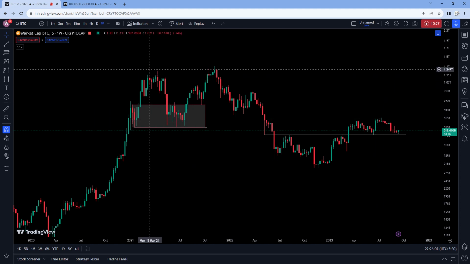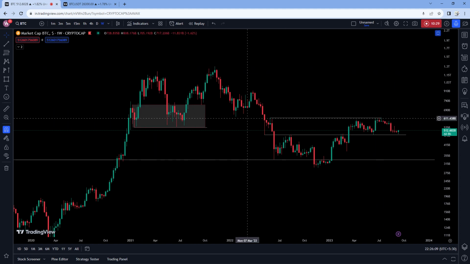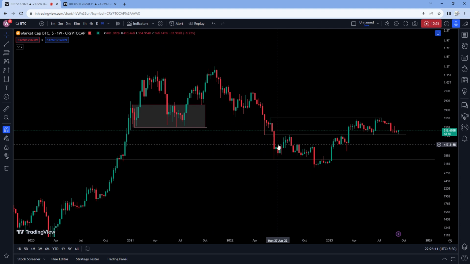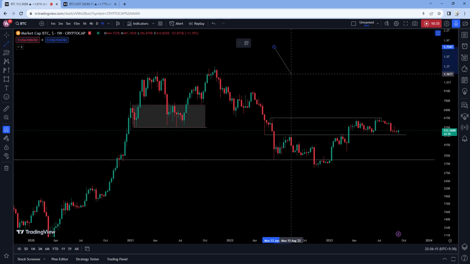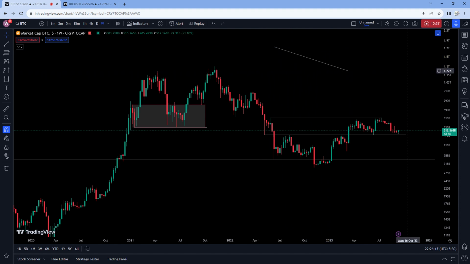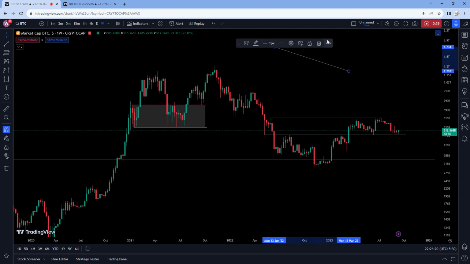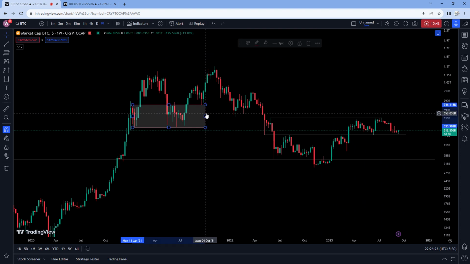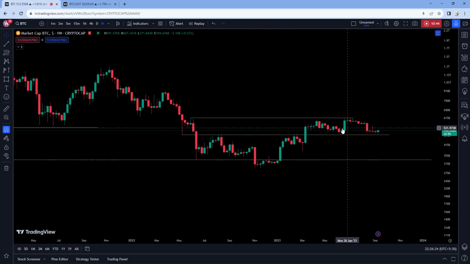So all this time from here to here or here, I was drawing these trend lines, support and resistance, all those, while basically losing money. So I just cut it here.